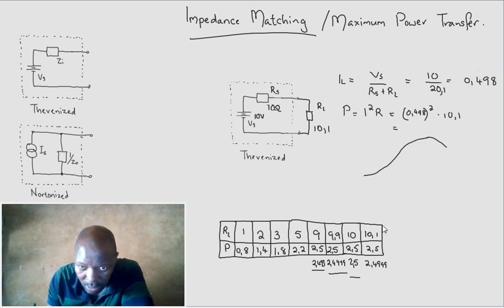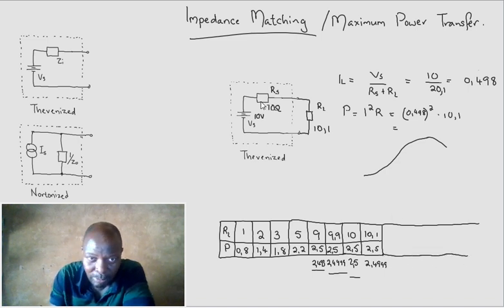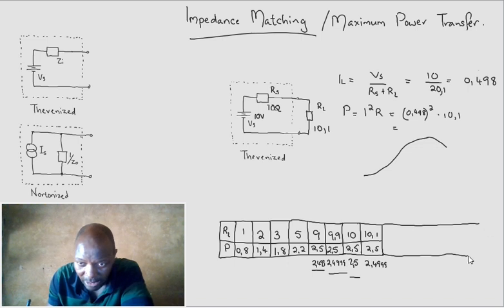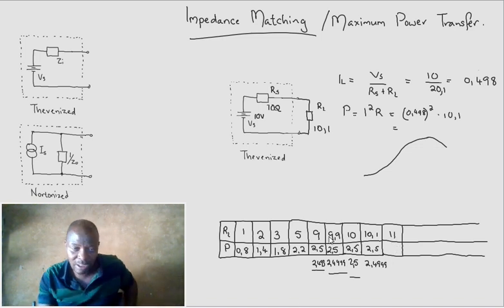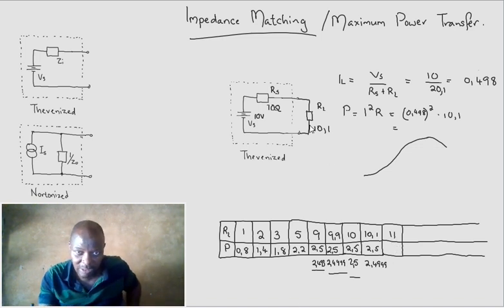We were below the system impedance; now we are rising above it. Let's see what we get. Let's go to 11. If we have 11, that changes to 11. Currents will change.